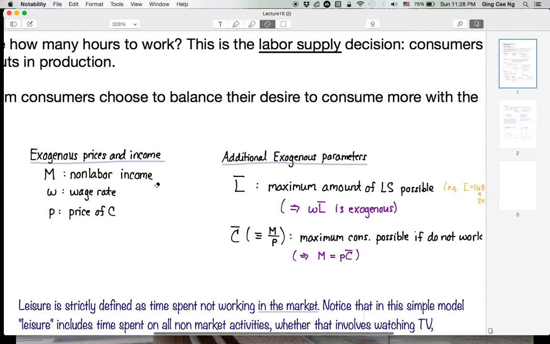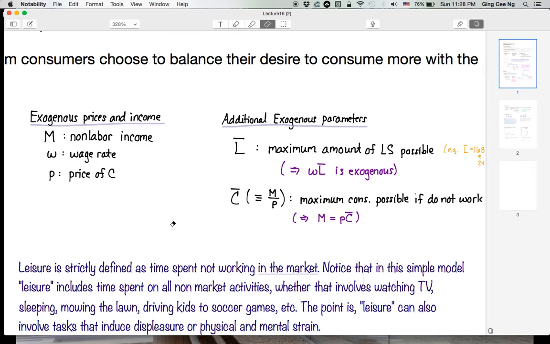Well, income is just going to be capital M, just like before. Your wage rate, W, and remember, the wage rate will be in terms of the units that we're measuring your labor or leisure decisions. And then P is going to be the price of consumption goods.